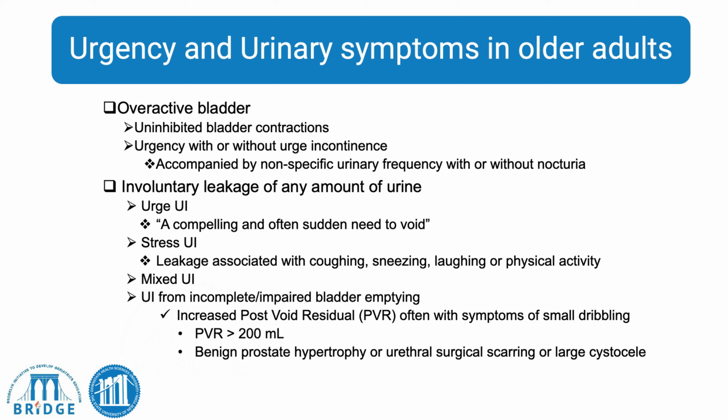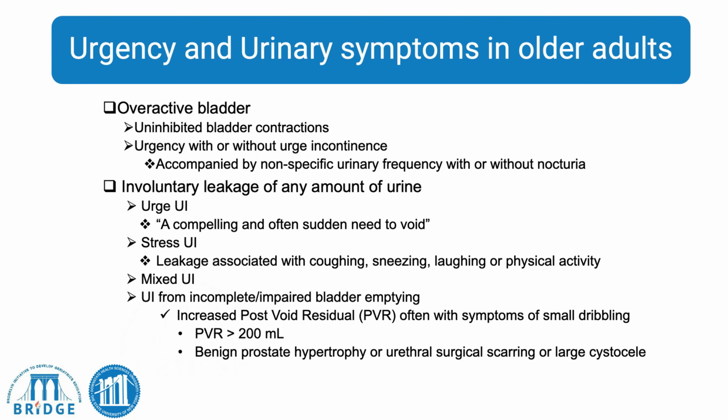And finally, there's urinary incontinence related to incomplete or impaired emptying of the bladder, which is sometimes termed overflow urinary incontinence, and it's related to an increased post-void residual. It's characterized by an increased post-void residual, often with symptoms of dribbling small amounts of urine. In overflow incontinence, typically the post-void residual volume exceeds 200 milliliters of urine.